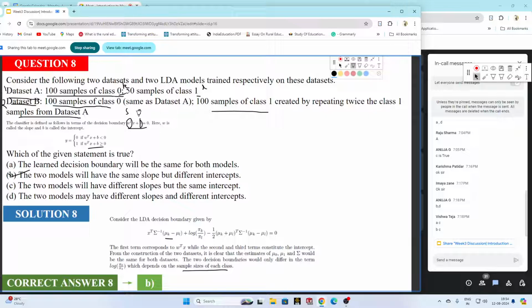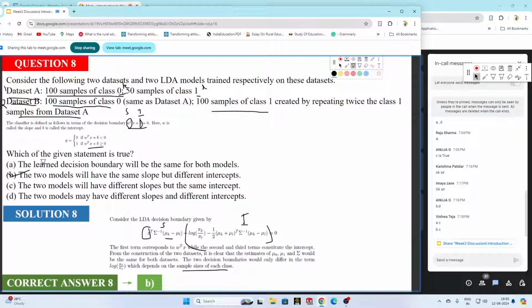Now we will compare this equation with this equation. Where there is input, the term related to it is your slope, and the remaining part is the intercept. This is the input, this is the slope, and this is the intercept.